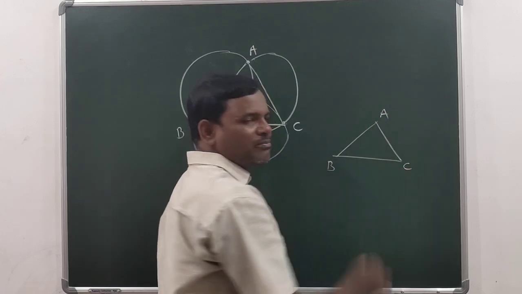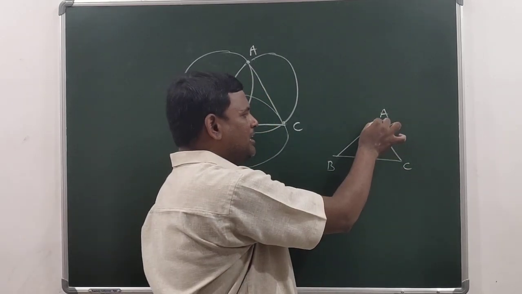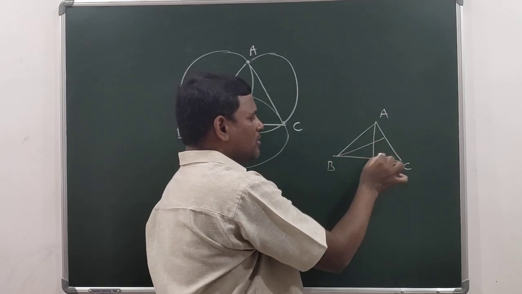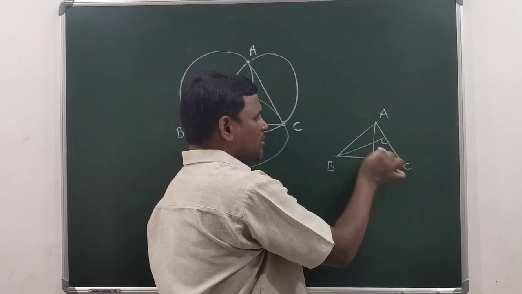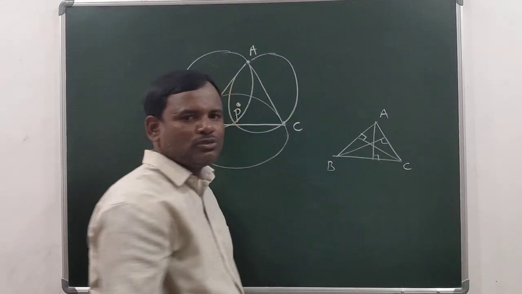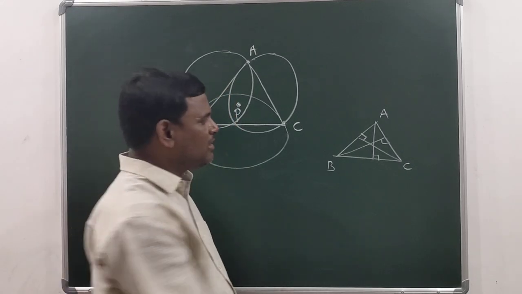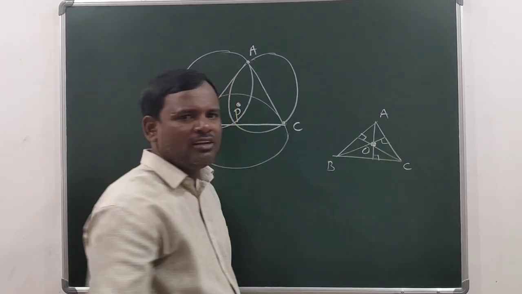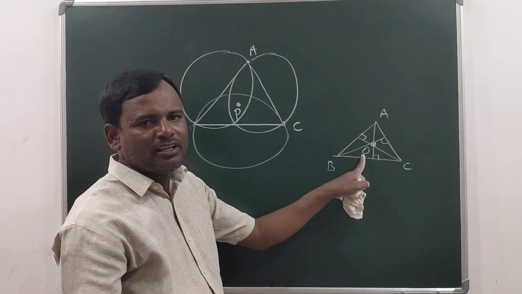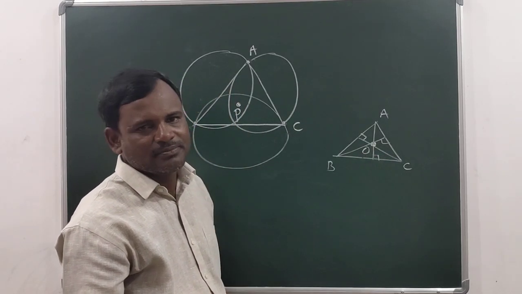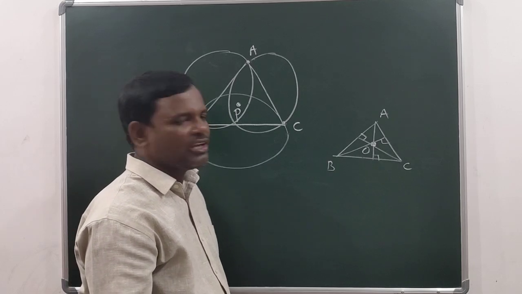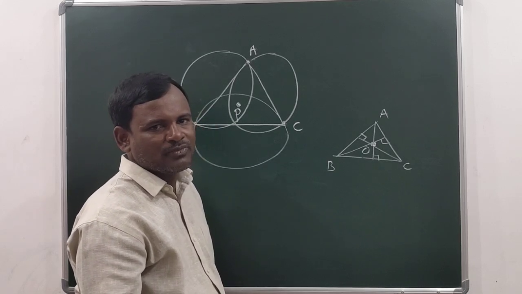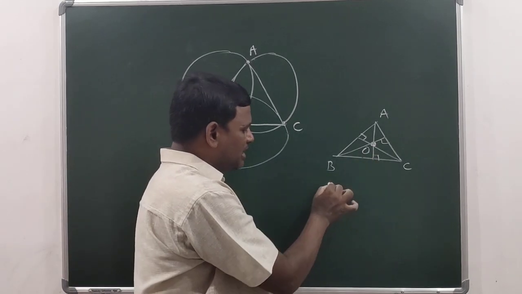ABC is a triangle. Now draw the altitudes. Three altitudes are possible. The three altitudes are concurrent at one point, that is called the orthocenter, which is denoted by either O or H. You know the location of the orthocenter also. For an acute angle triangle you will get it inside.